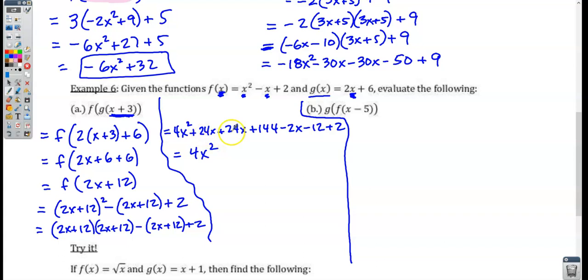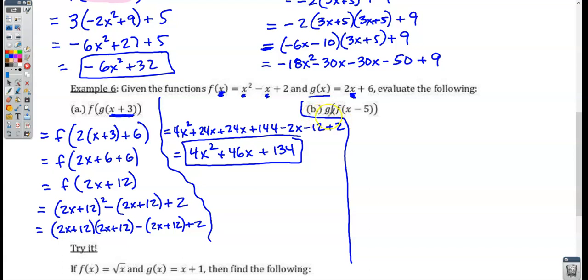My x's, I've got 24, 24, and negative 2. Those combine to make 46 x's. And then my numbers, I've got 144 minus 12 plus 2. That's 134. And so that is f of g of x plus 3.